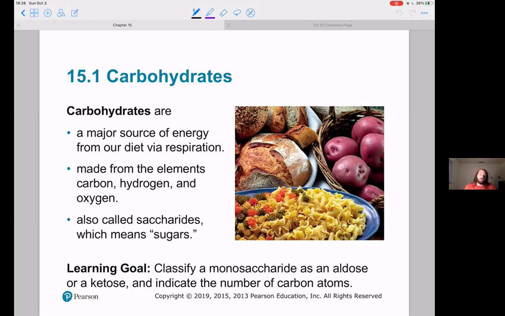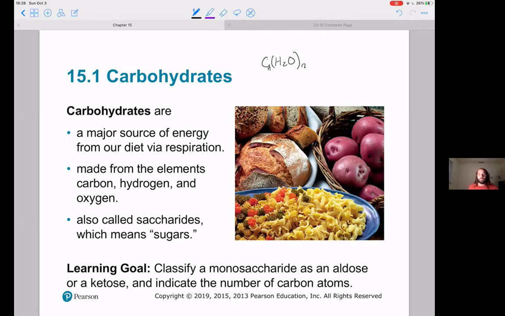Simple carbohydrates are saccharides, which means sugars. So again, sugars are a type of carbohydrate. There are also complex carbohydrates, which we'll talk about here. The name carbohydrate comes from the fact that simple sugars have this ratio of one carbon atom, one oxygen atom, and two hydrogen atoms.